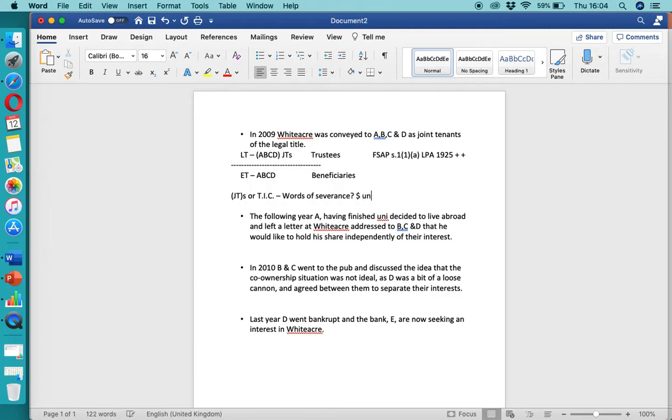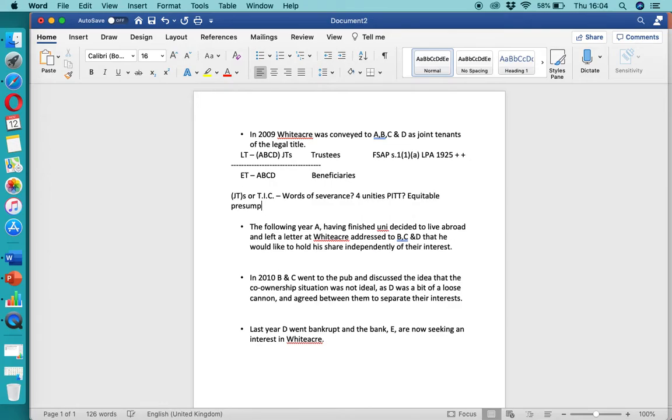You would also consider the four unities as to whether the four unities are present: possession, interest, time, and title. And you would see if there were any equitable presumptions, such as an unequal split or mixed purposes business use, sorry.